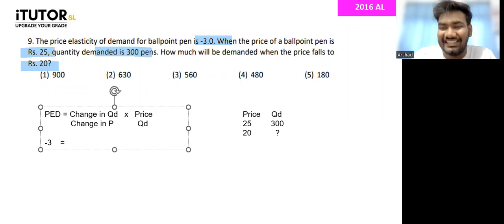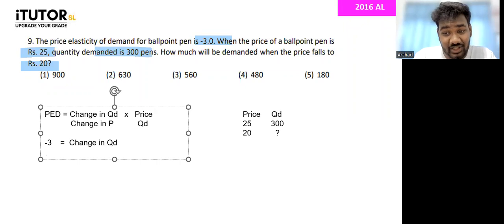That is what I'm finding. I'll leave it as it is. Change in price. 25 is going to 20. Let's be very careful with the pluses and minuses, right? Don't just put it. Price earlier was 25. Now it's going to 20. So price is decreasing by 5. -5. Be very careful. Do you put +5? You get a wrong answer.